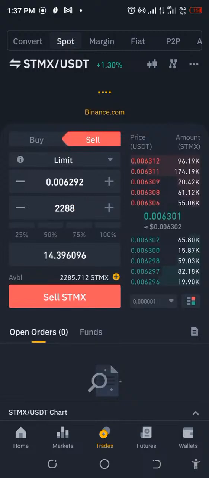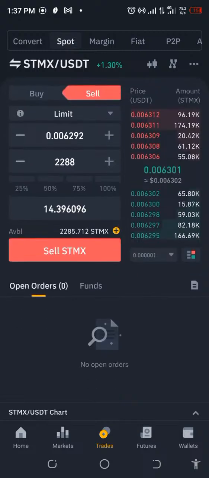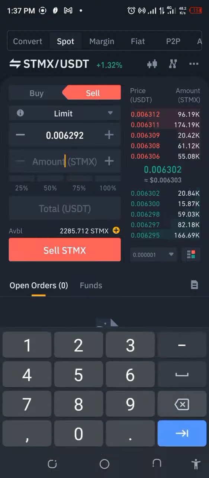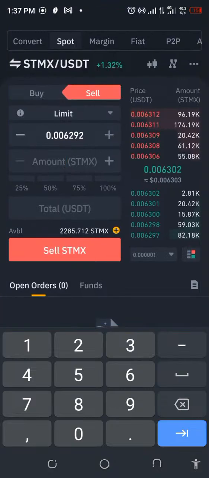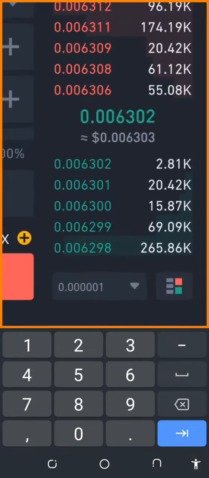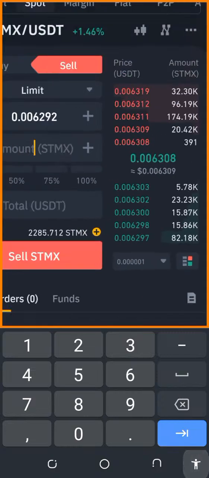Okay, let me try and do this again. Probably something has, let's just remove everything. Let's remove everything. And let's see whether this would work. I'm just checking. Let's go back to see what's going on there.